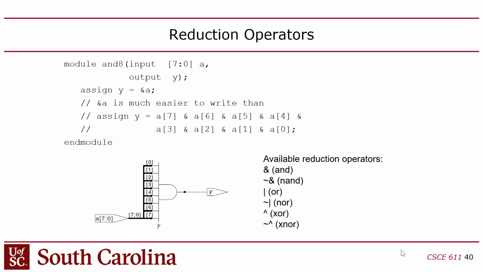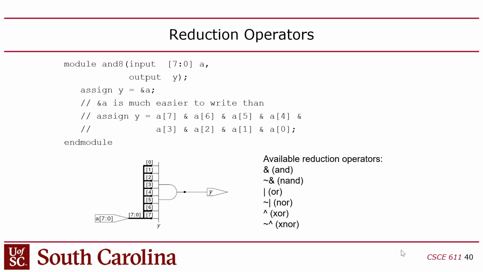Another thing I'll point out, just in case you guys ever see it, we probably won't need this for this class. There's this thing called a reduction operator, which is where you can take a multi-bit signal in Verilog and you can reduce it to a single bit. So for example, in this case, if you say ampersand A, that's not address of A like it is in C++. What that is, it's going to take all the bits of A, in this case 8 bits of A, and it's going to feed them into an 8 input AND gate, producing a single bit output.